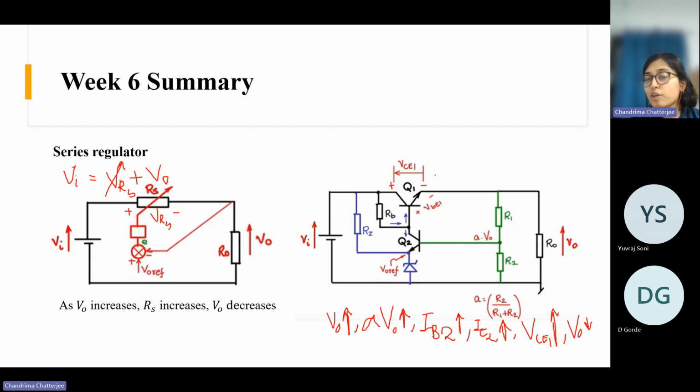And as this drop increases, the output voltage will decrease, because the input voltage is the summation of this voltage and this voltage. So if this increases, this has to decrease. That's how it regulates the output voltage. Okay, that's how it regulates.